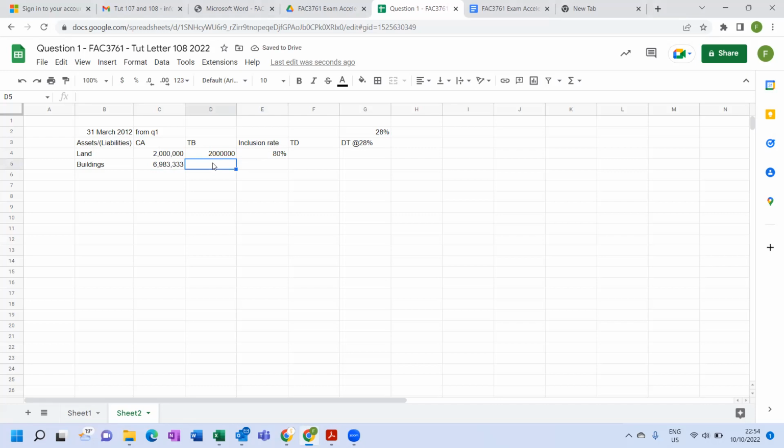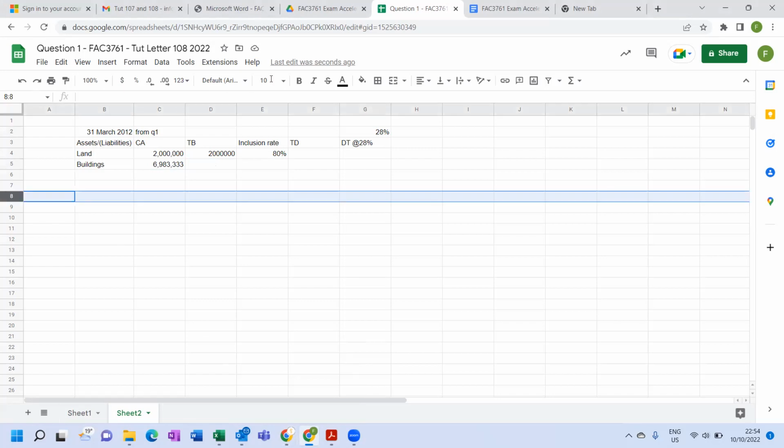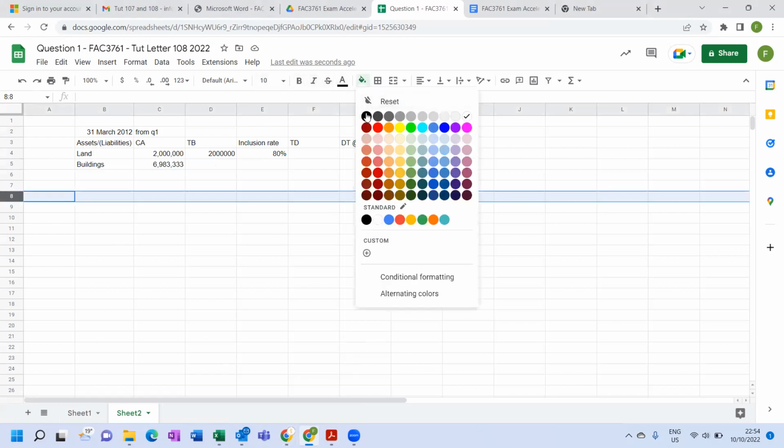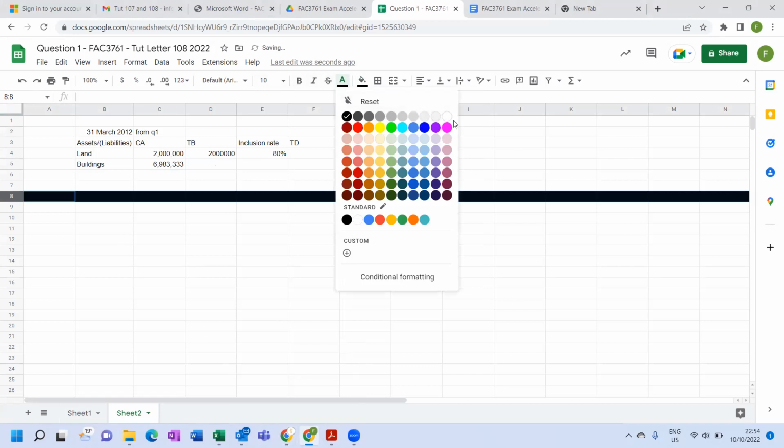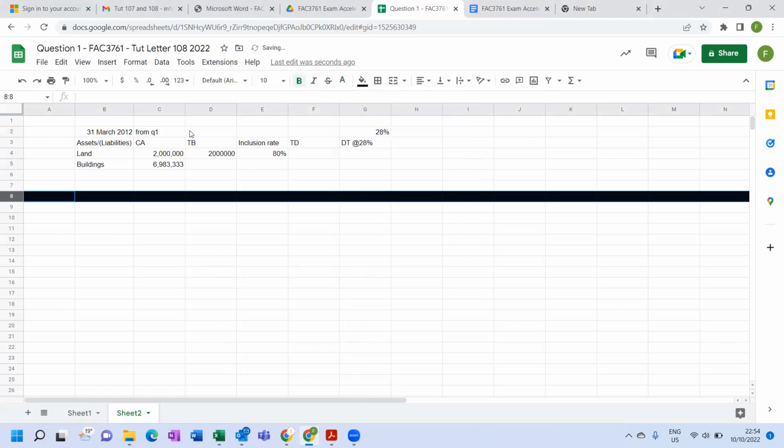Now I must work out the tax base of buildings. Remember they told us the allowance on buildings is 5% per annum and not apportioned for a period, so not apportioned for part of the year. So I will do my workings over here.